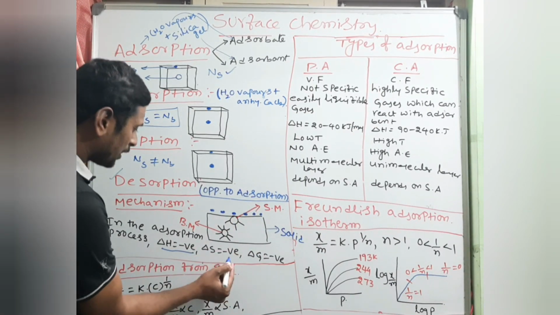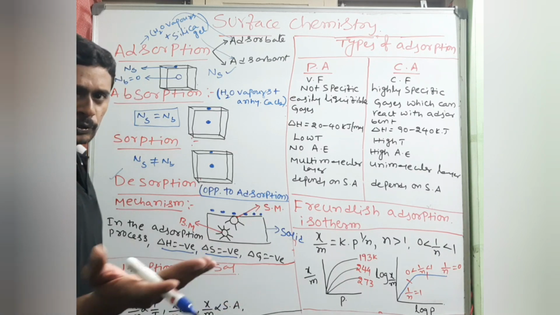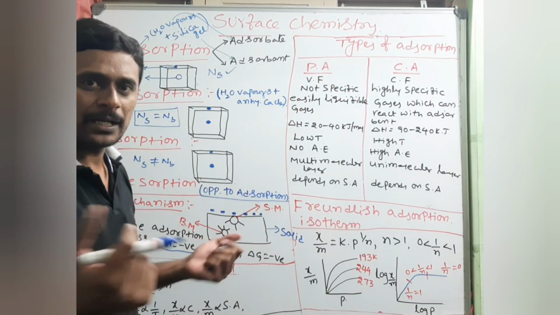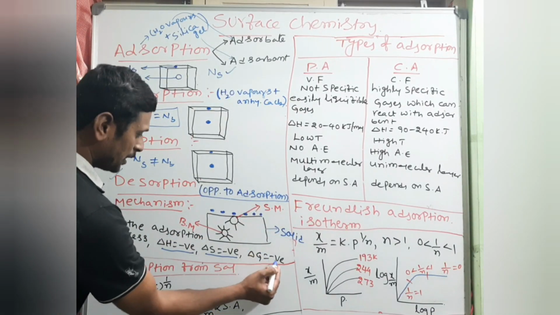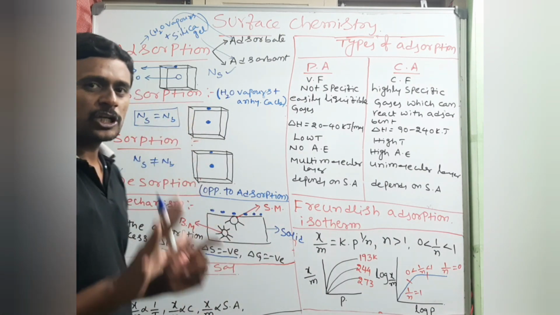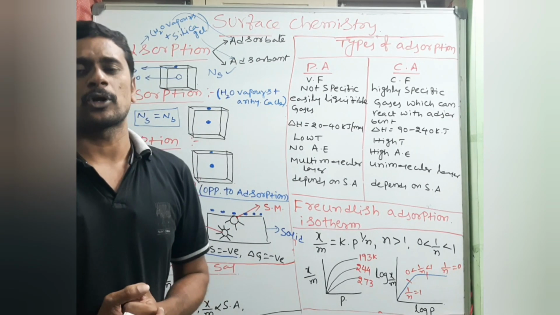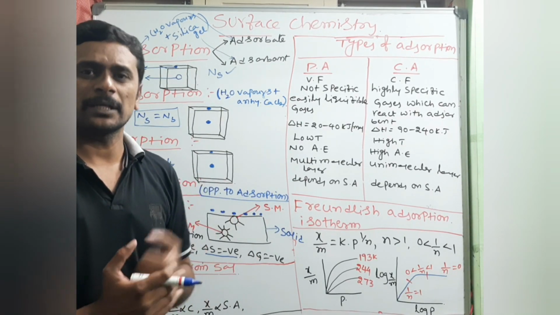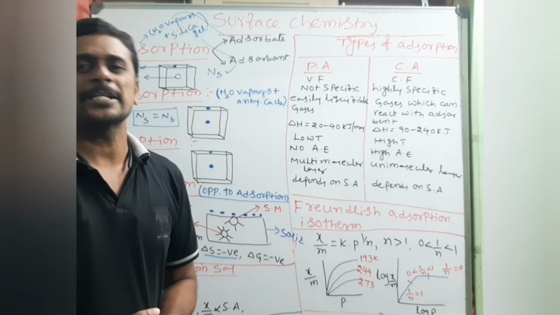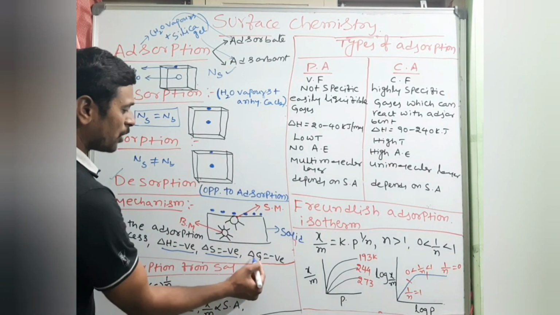That's why delta S is negative. It determines the randomness of the material. Now the adsorption process is a spontaneous process. For thermodynamic property, for any spontaneous process, delta G is equal to what?